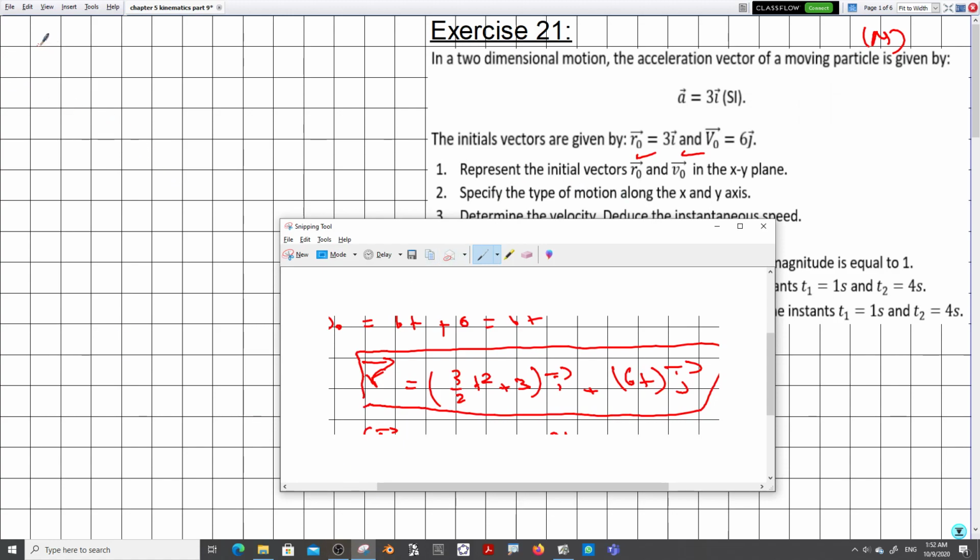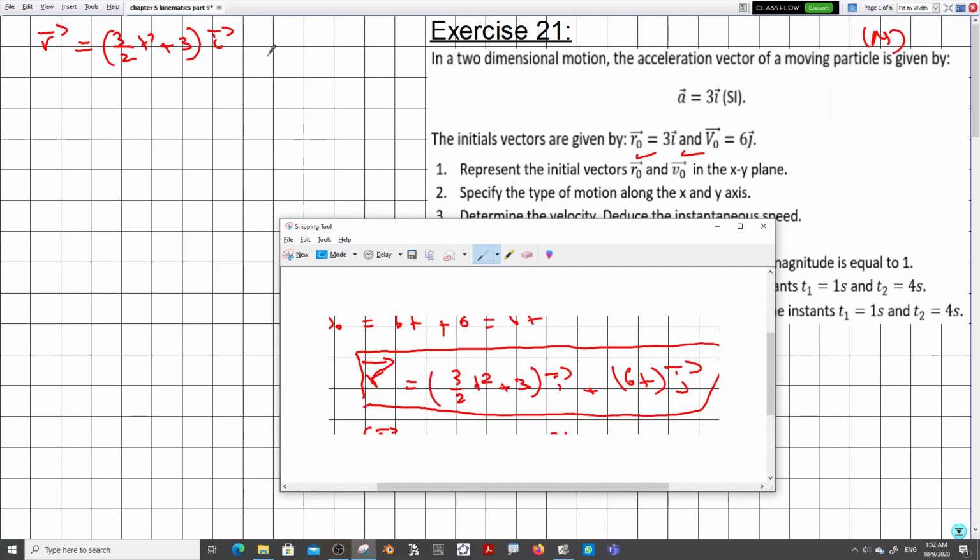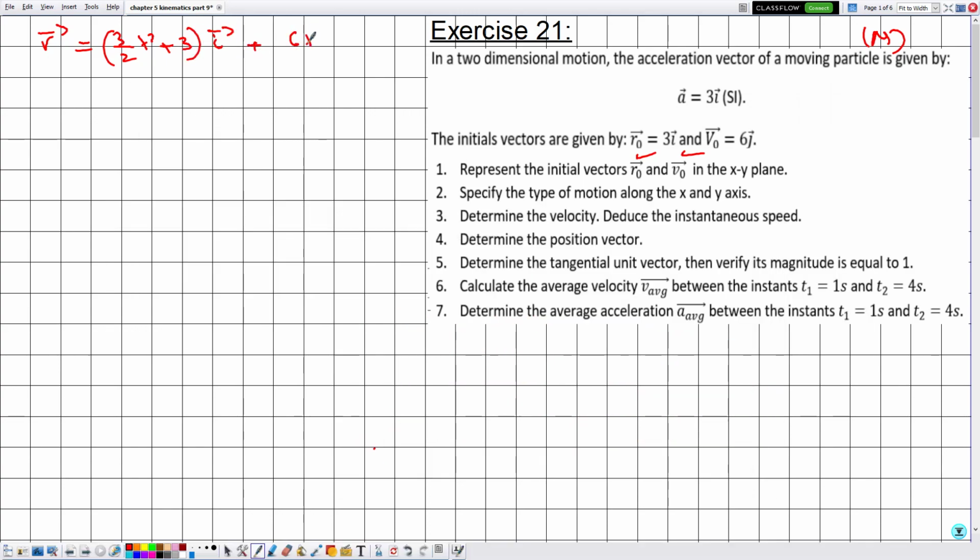So the position vector r in this case is given by 3 over 2 t squared plus 3 i plus 6t j.